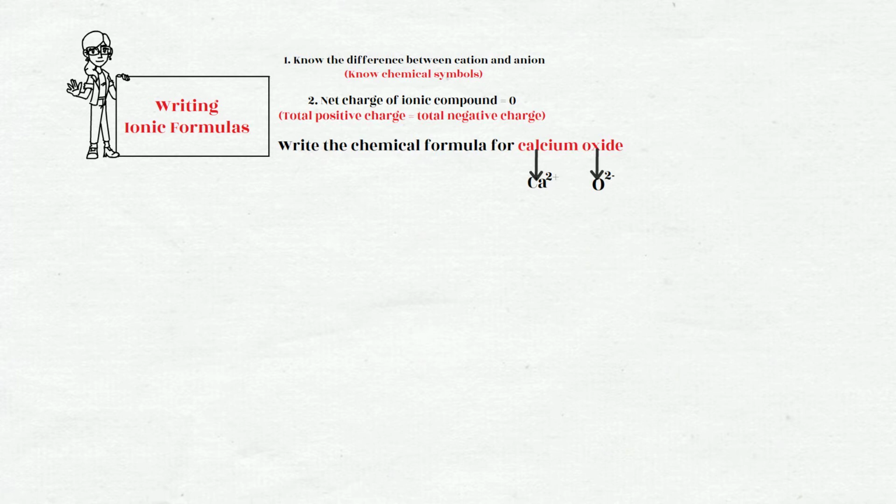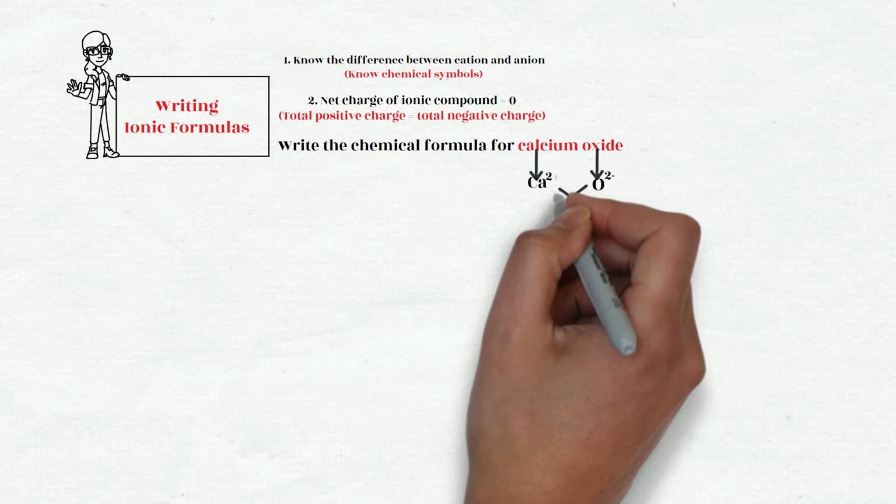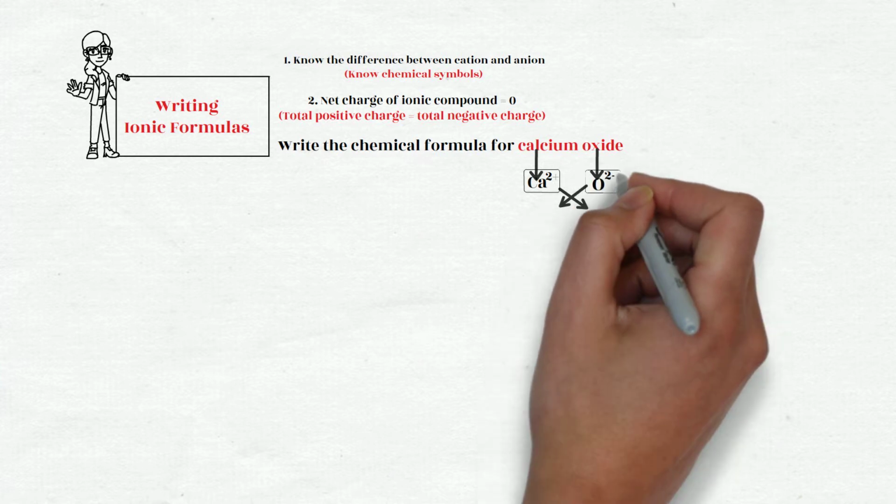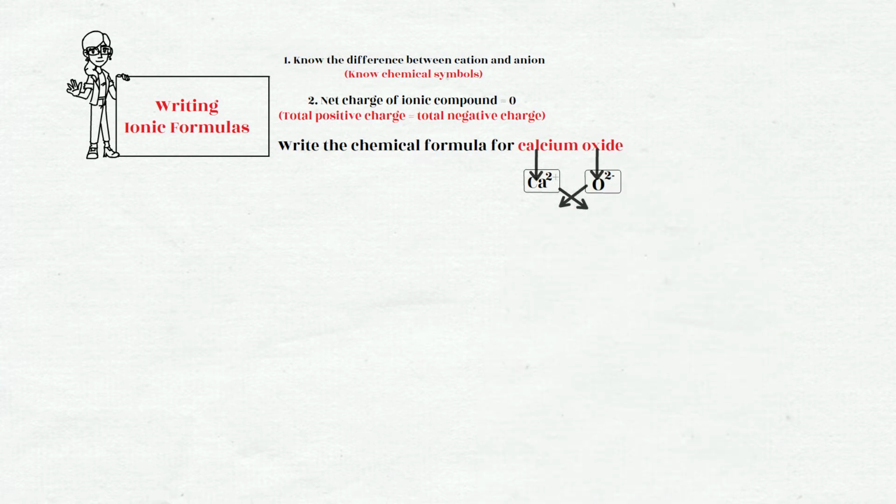To obtain the chemical formula, we cross-multiply the charges. This means that the charge from the anion becomes the subscript for the cation and vice versa. So, we write Ca2+ on one side, O2- on another side, and carry out the cross multiplication.